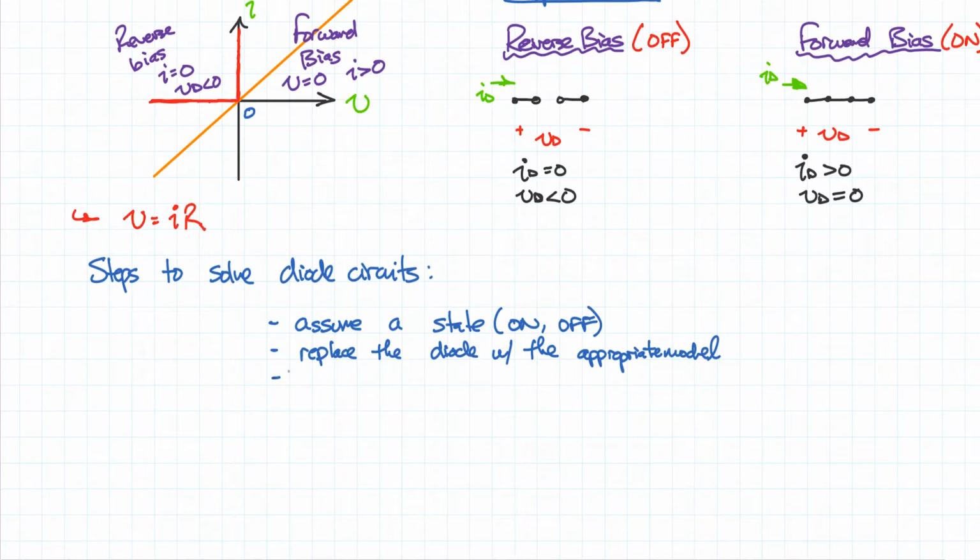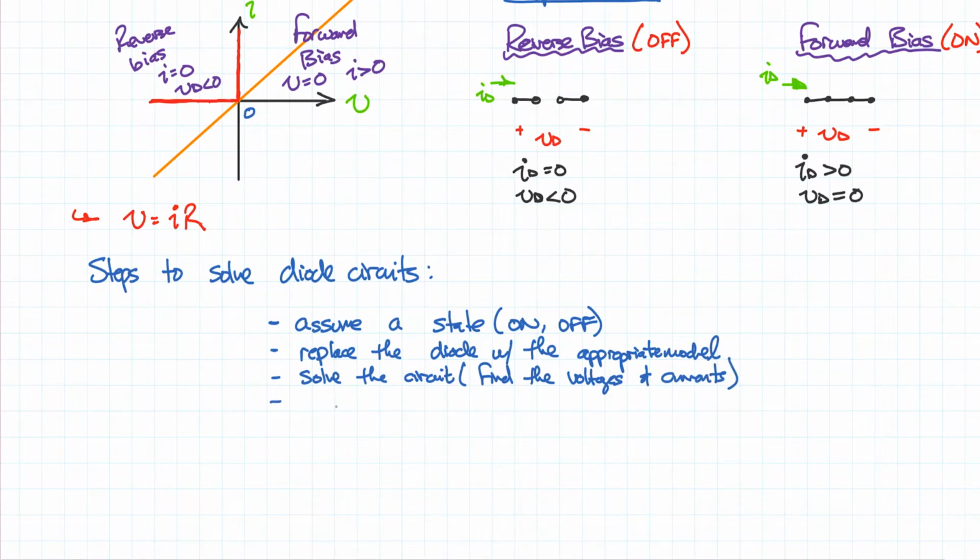And then in the case of the constant voltage, which we'll see later, it would be obviously a different type of representation, but you would replace it with that. You would solve the circuit, and by solve the circuit, I mean you find the voltages and currents that you're looking for.